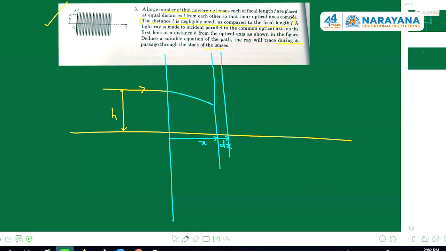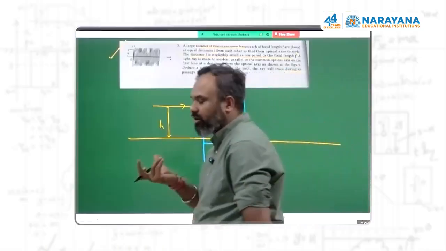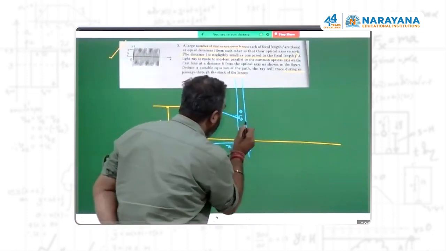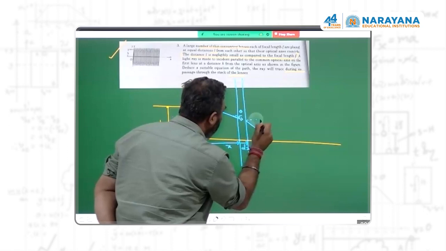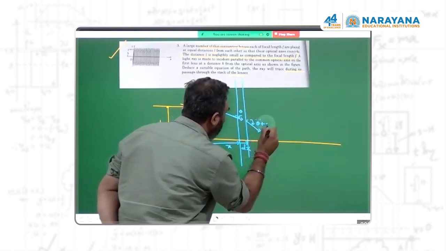If I enter from this point forming an angle of theta with the horizontal, by the time I come out of that thickness dx, I'll further deviate. That means the ray will further deviate by some angle d theta. So what will come out is a ray traveling at an angle of theta plus d theta.